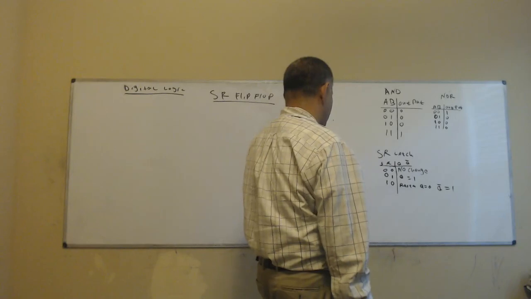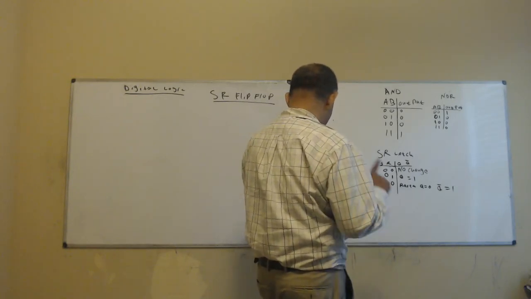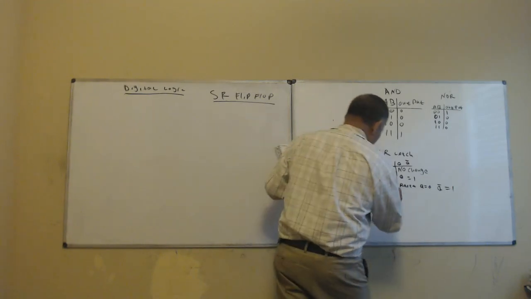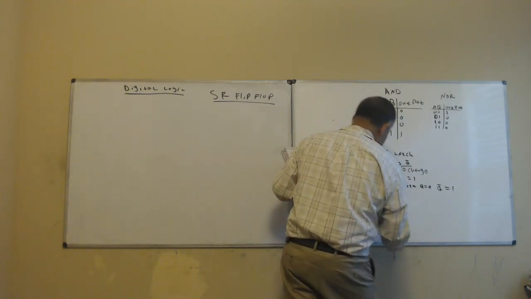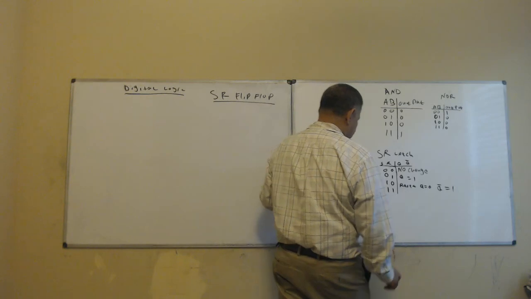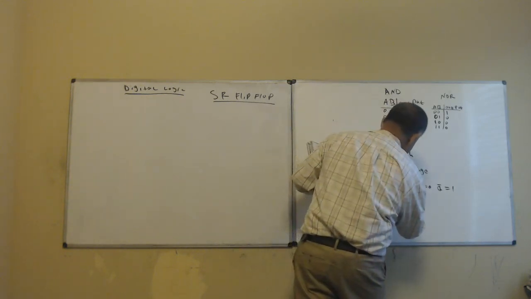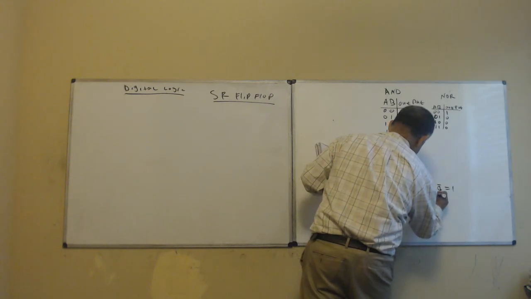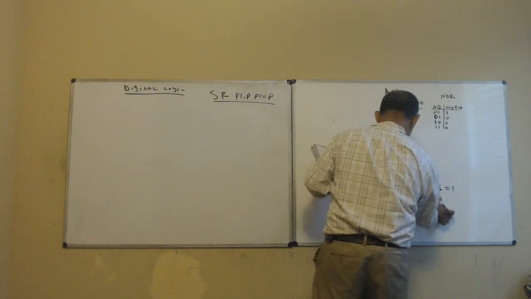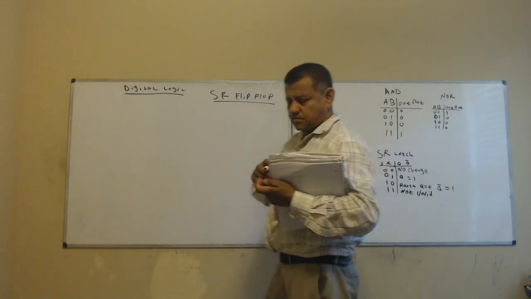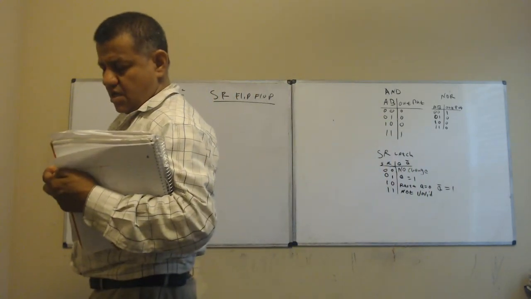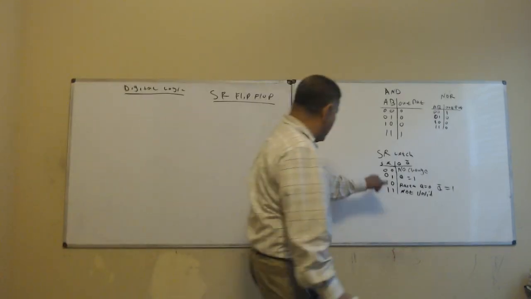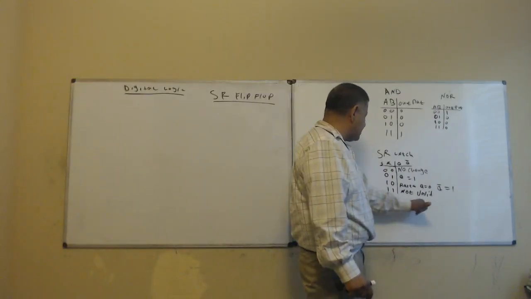Okay, now we have a last one. When we set both at the same time, like this, it is not valid. When you set S and R to 1, this is not valid.